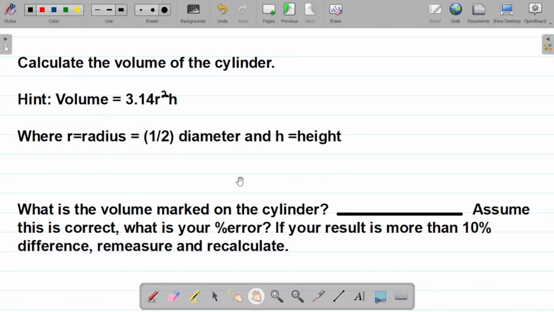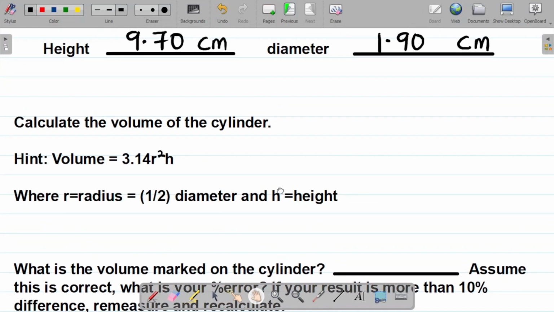We're hinted that the formula for the volume of the cylinder is 3.14 r squared h, where r is the radius, which is half times the diameter, and h means height. So let's find the volume.